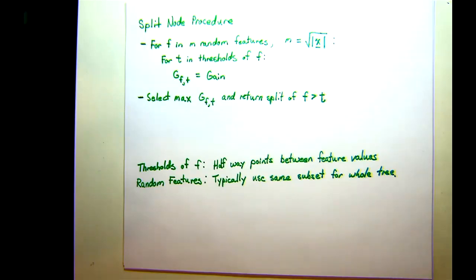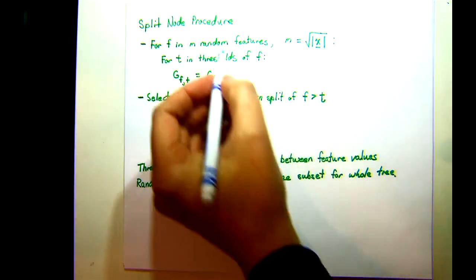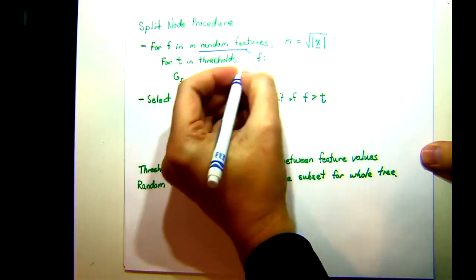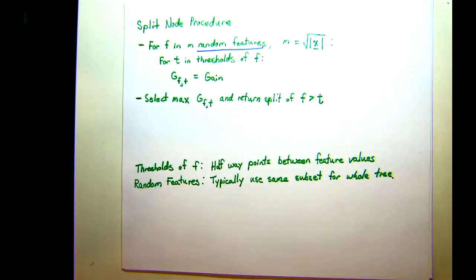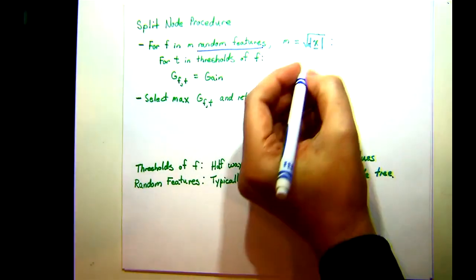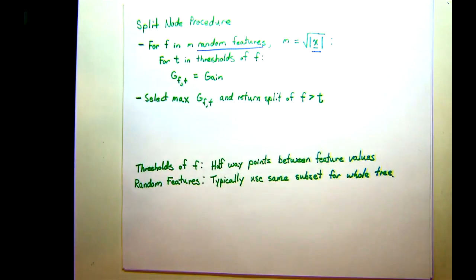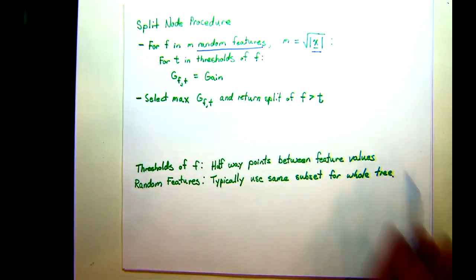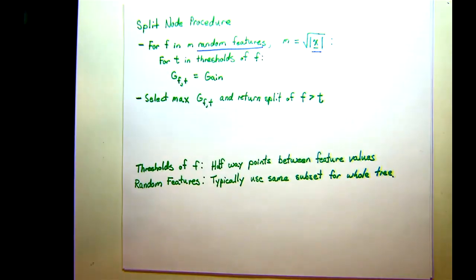What that means is that we start with some subset of random features. We take all the features, however many there are, which is the size of the vector here. We take the square root of that and call that m. Then when we start building the tree, we say we're only going to build this tree with some subset of the features.